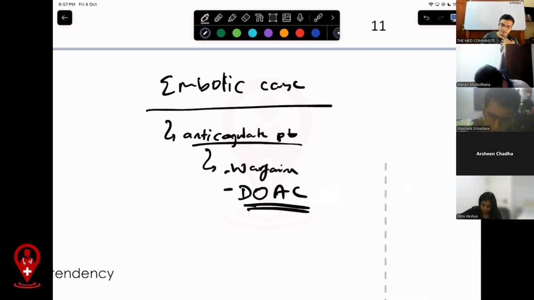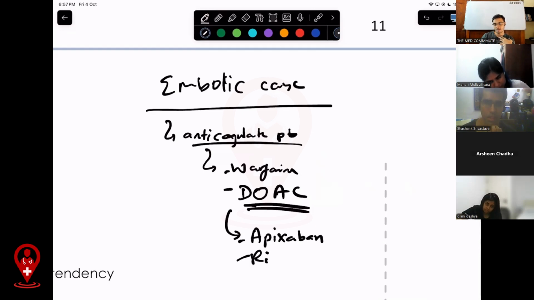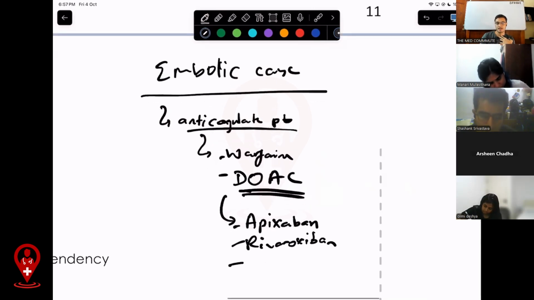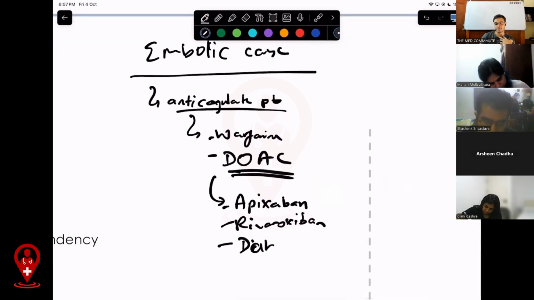Here, what are our choices, guys? We have apixaban, right? Then there is another one, rivaroxaban, right? And there's another one, dabigatran, right? Seniors, you all must know these. Juniors, it's okay. You all have time, don't worry. Apixaban, rivaroxaban, guys, what are these?